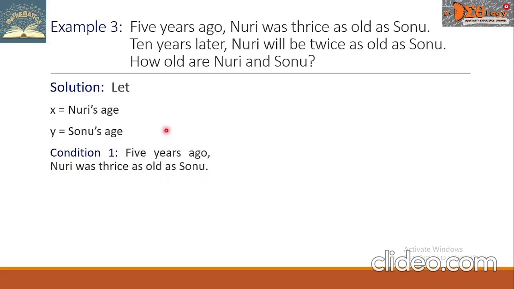Let us represent the 5 years ago with respect to the age. So for Nuri, that is x minus 5. For Sonu, that is y minus 5. And it says, Nuri was thrice as old as Sonu. So to balance this, we will multiply 3 to Sonu's age.